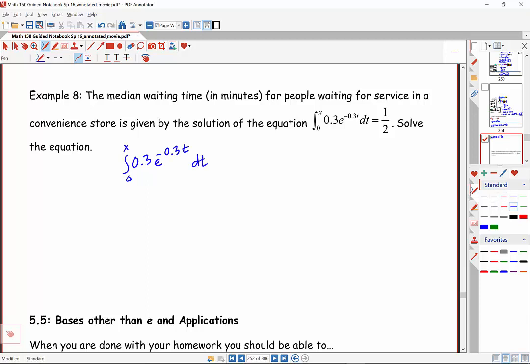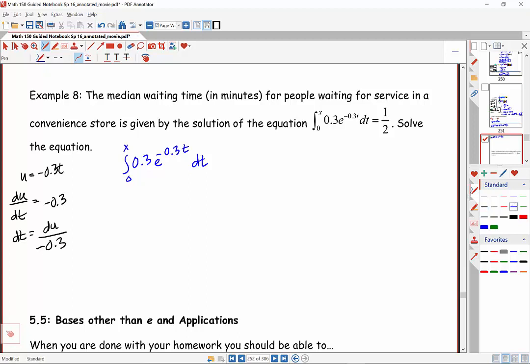Here my u would be negative 0.3 t, and du dt would be negative 0.3. So dt is du over negative 0.3.